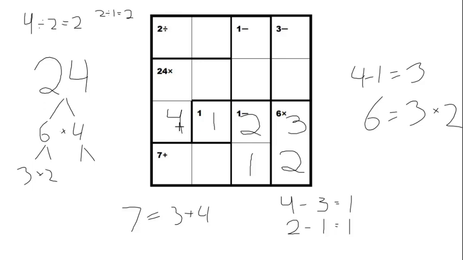If this is 4, then one of these two has to be 3 and the other one has to be 2. We'll get to that one, but we have another advantage. 7 adding has to be 3 and 4. There's a 4 here, so this has to be 3. That means this is the 4.